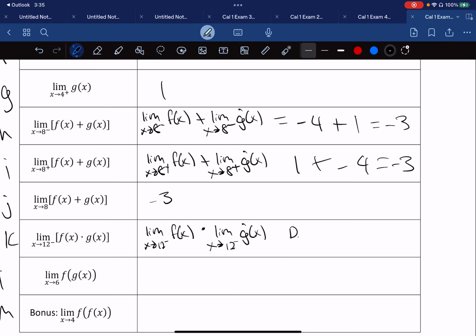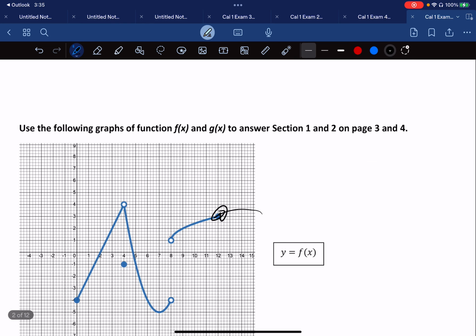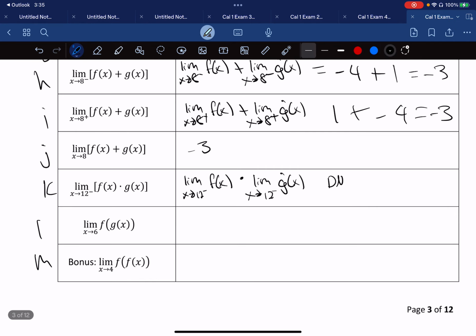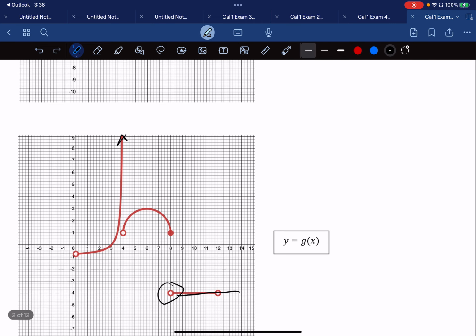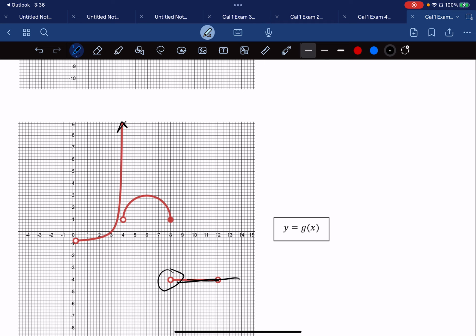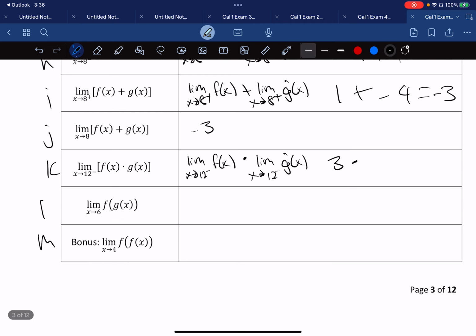So this first one does not exist. And then, oh wait, no, sorry. From the left, right? So it approaches it from the left. It's going to be at 3. And then that's going to be g of x from the left. From the left, it's going to be -4. This then equals -12.